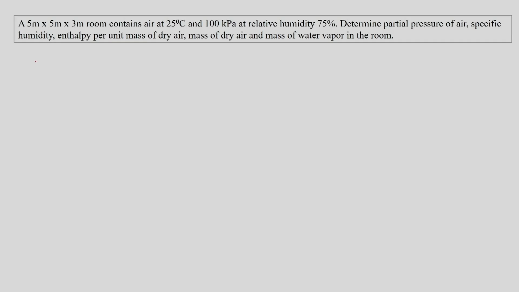So here we are given the air temperature as 25 degrees Celsius, the total pressure as 100 kPa, and relative humidity phi as 0.75. We know that relative humidity phi is equal to Pv divided by Pg. This is the partial pressure of vapor, and this is also the partial pressure of vapor, but at the saturation state.